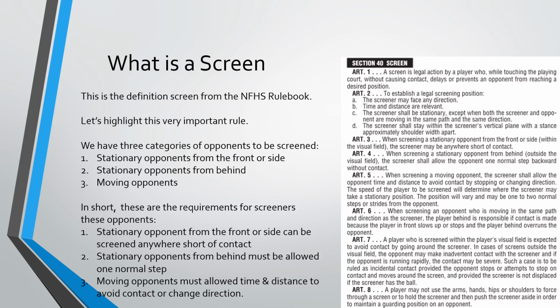Some important things to remember about screening from an officiating standpoint. Whenever a screener sets a legal screen, they are sometimes vulnerable to contact from primary defenders and even secondary defenders. So remember, we must officiate screeners correctly.